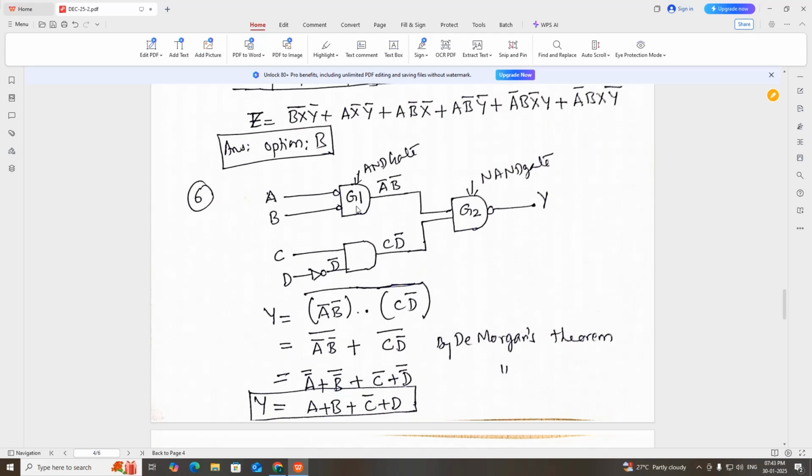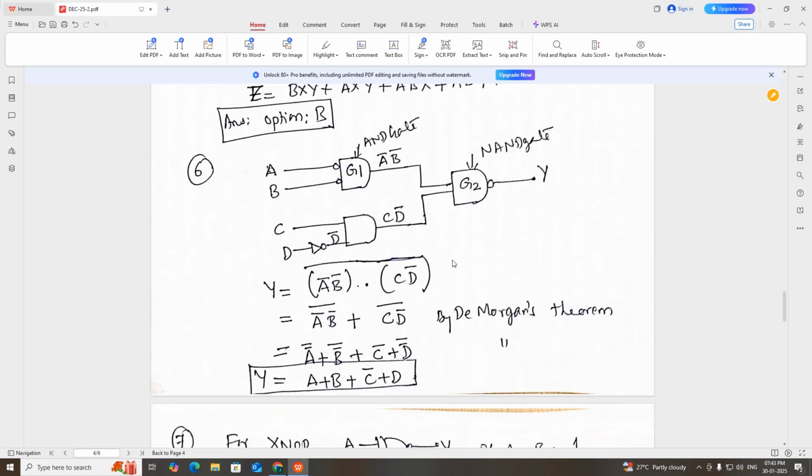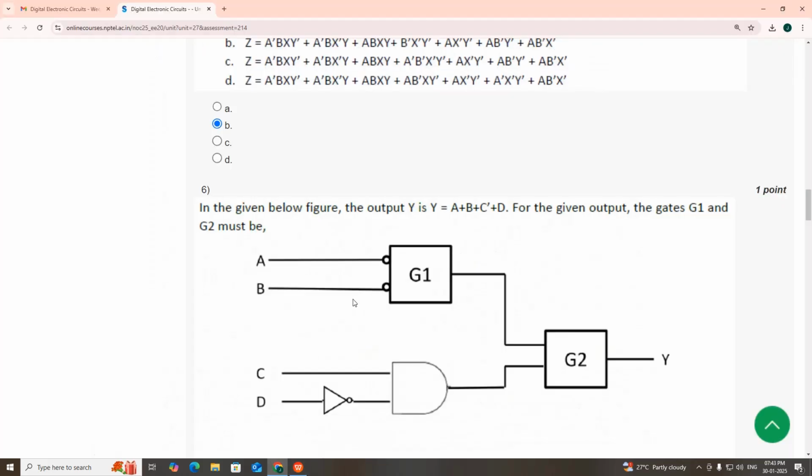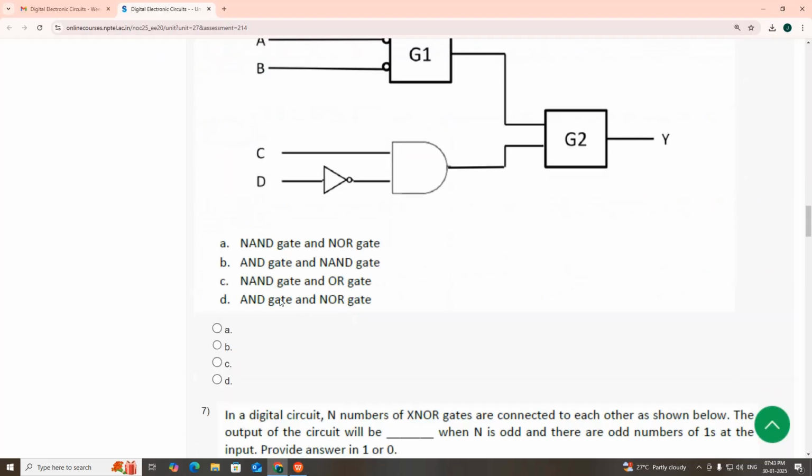If gate G1 is an AND gate and G2 is a NAND gate, then after simplification by applying De Morgan's theorem, what we get is Y is equal to A plus B plus C bar plus D bar. So this is the answer. So the sixth one is option B, AND gate and NAND gate.